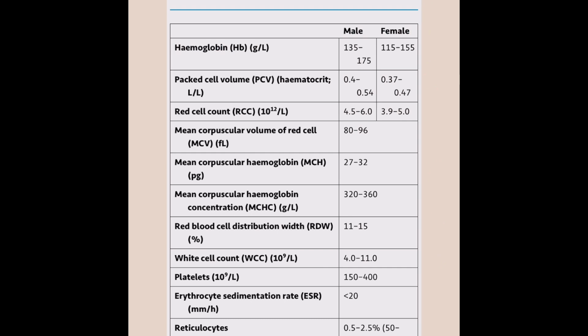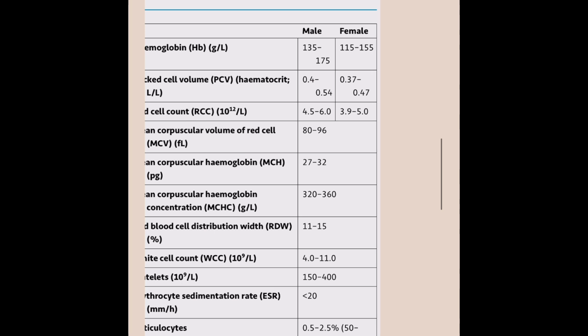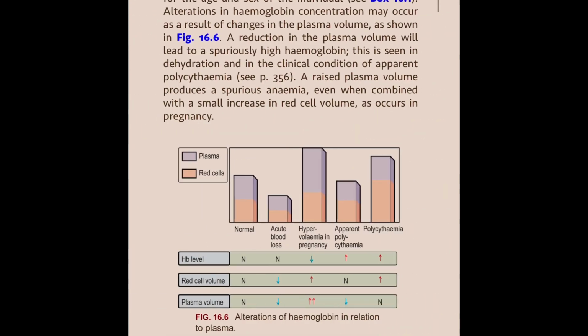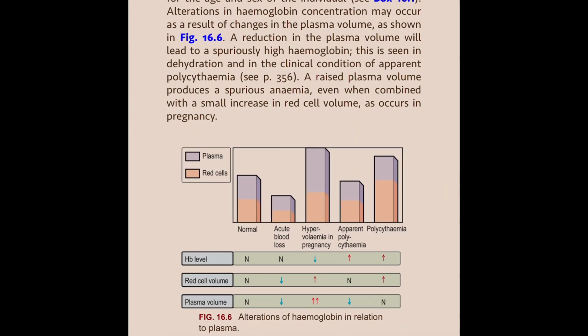Okay, so hemoglobin changes, right? Alteration in hemoglobin concentration may occur as a result of changes in the plasma volume, as shown in 16.6.